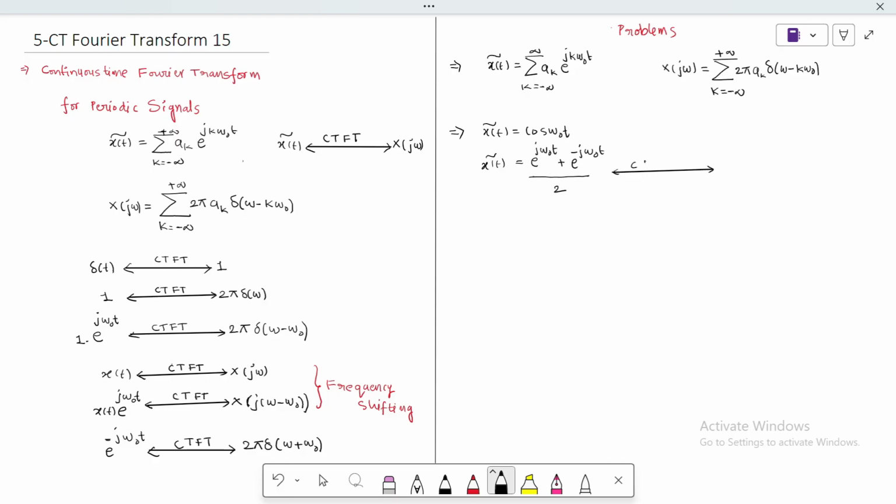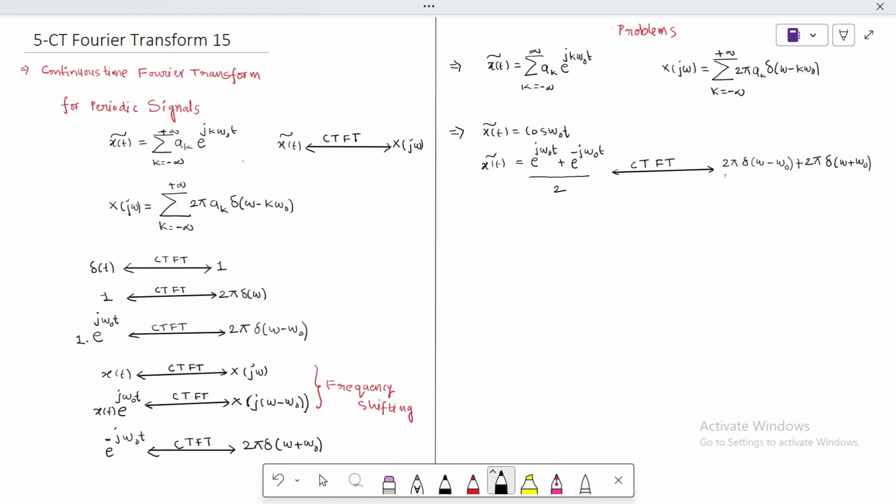The continuous time Fourier transform of e power j omega naught t is equal to 2 pi del of omega minus omega naught. Next, by the linearity property, addition in time gives addition in the frequency domain. The transform of e power minus j omega naught t is 2 pi del of omega plus omega naught.